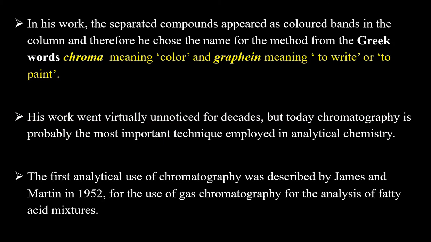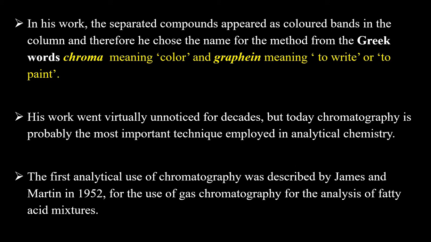In his work, the separated compounds appeared as colored bands in the column, and therefore he chose the name for the method from the Greek word chroma meaning color and graphein meaning to write or to paint.